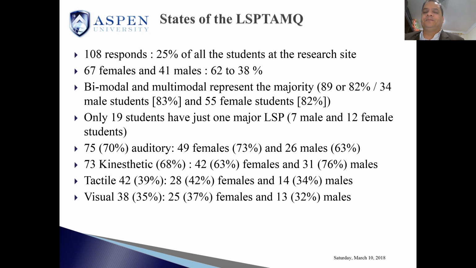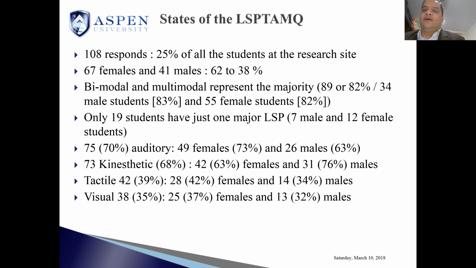As for the major learning style preferences of the Kuwaiti EFL first-year college students, 75 out of the 108 students prefer the auditory learning style, which is 70% of the total number. 49 of them are females, which is 73% of females, and 26 are males, which is 63%.